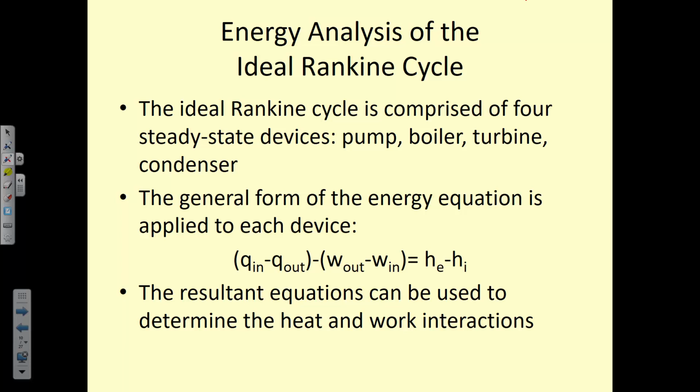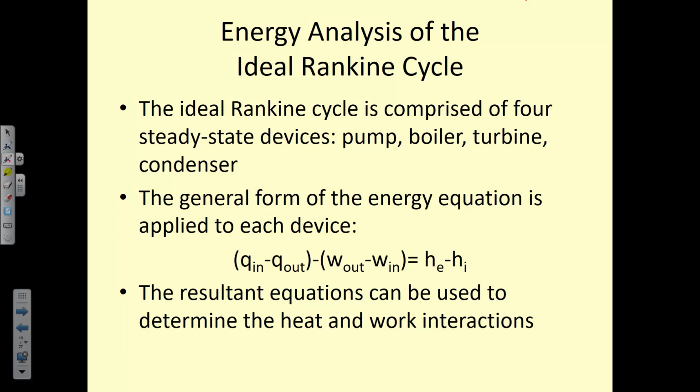So we have these 4 steady flow devices, and we can analyze them each individually as their own system, or we can look at the entire Rankine cycle as a whole and analyze it as a system that way. So when you approach your homework, in many cases, you'll have to do both. You'll have to look at each individual system, and then sometimes you look at the overall system to determine, for example, the thermal efficiency of the overall system, or if you needed to know the net work output or something like that.